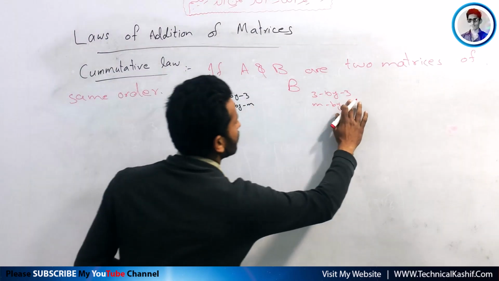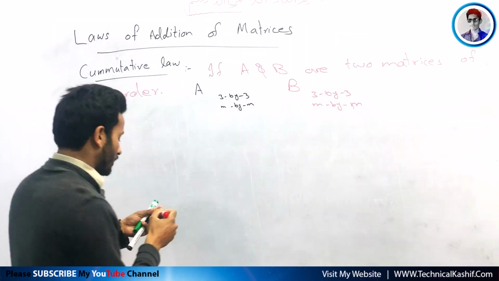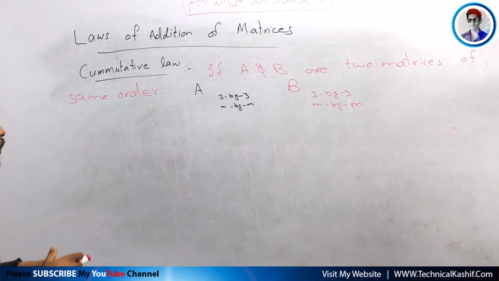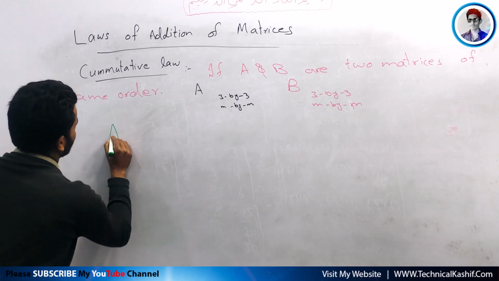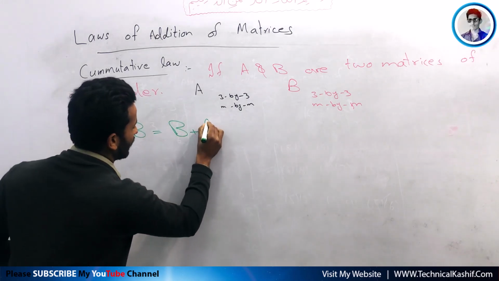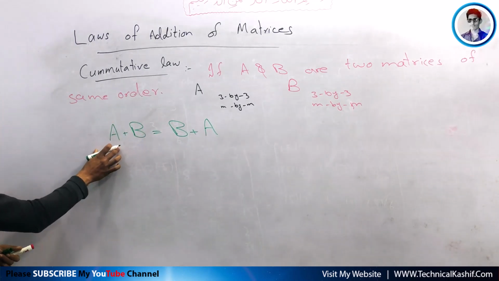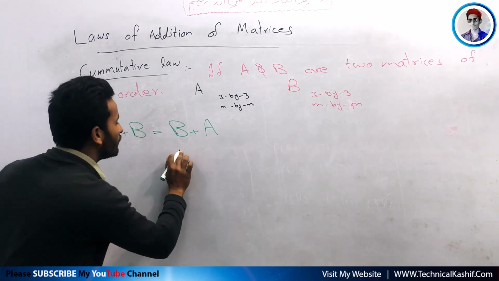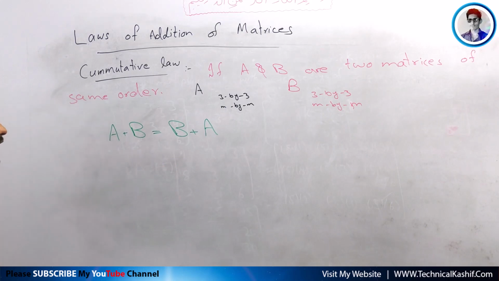By adding these matrices, we follow the rule A plus B equals B plus A. Adding B to A or A to B gives the same answer.